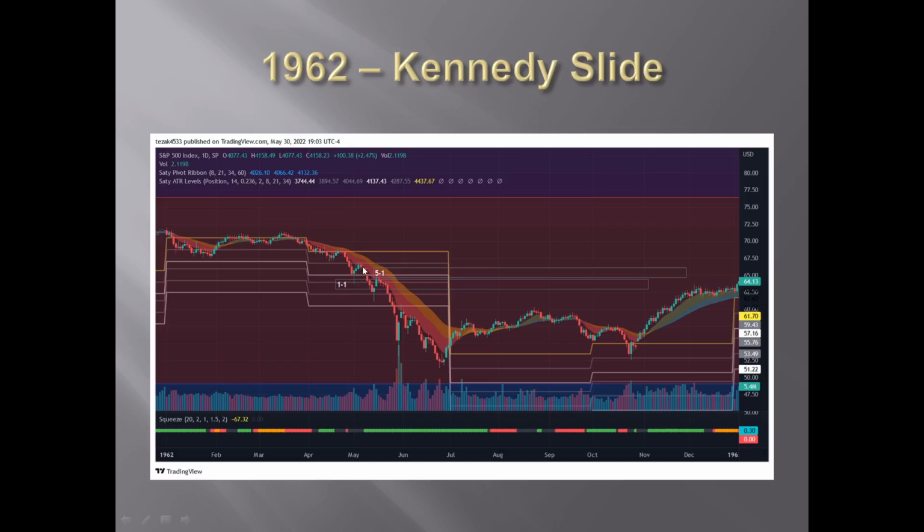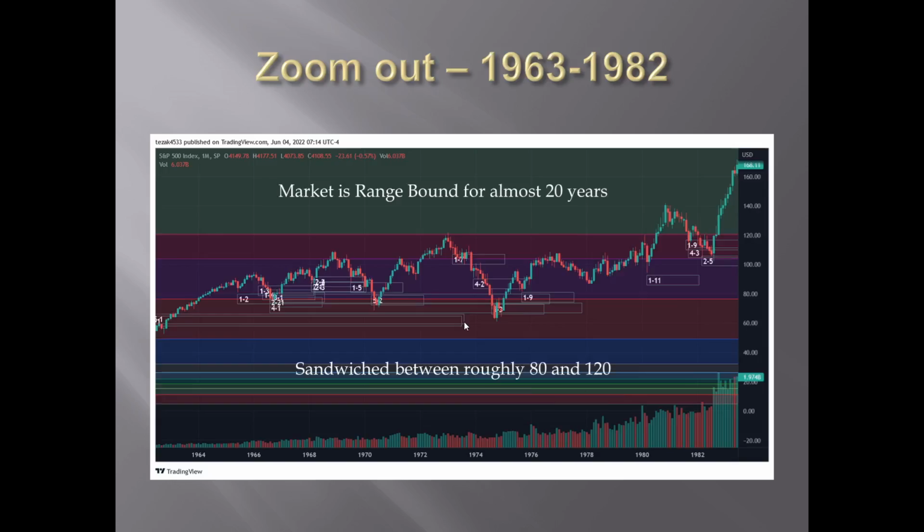Pretty decent move. And then 5, you can see this went all the way down here, cleared the ATR, and gave you a good 7% move. So pretty solid from here up to here, 7%.